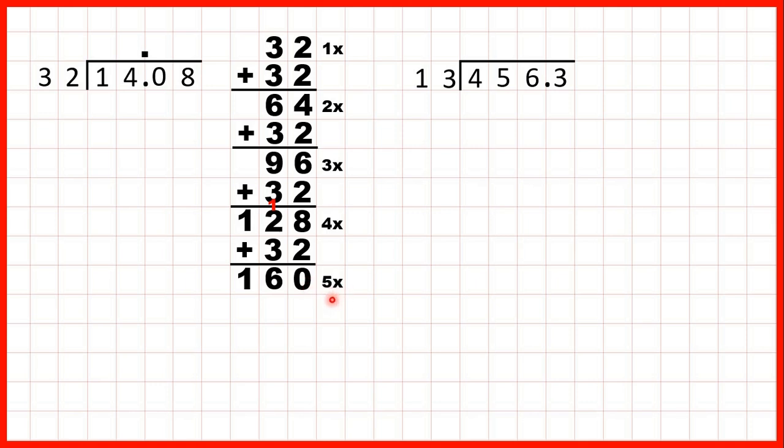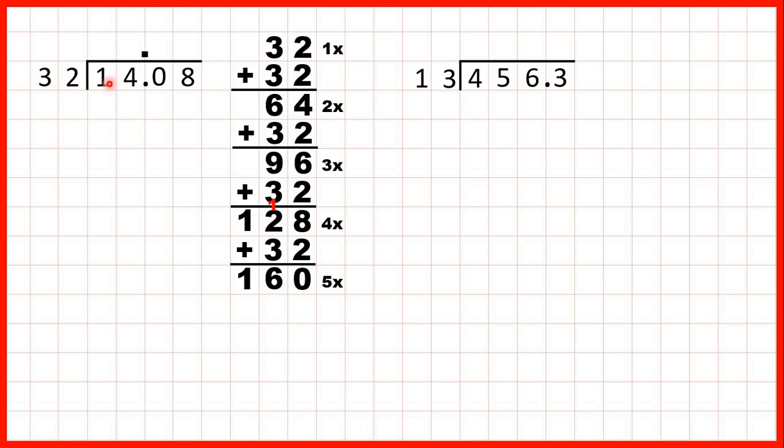And we can be confident that we haven't made any mistakes with the addition, because remember, 5 times any number always ends in a 0 or a 5, and with 160 we have a number that ends in a 0. So now that we've got to 5 times, it's useful to look back to our question, because sometimes we don't need to work out 6, 7, 8, 9 and 10 times.